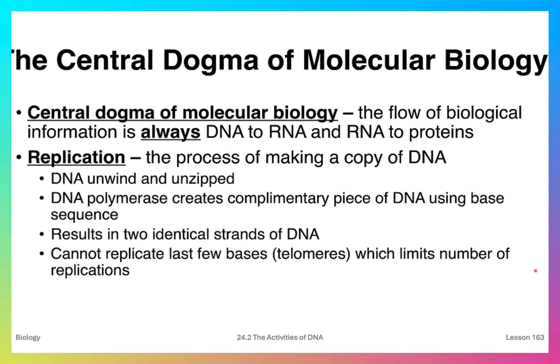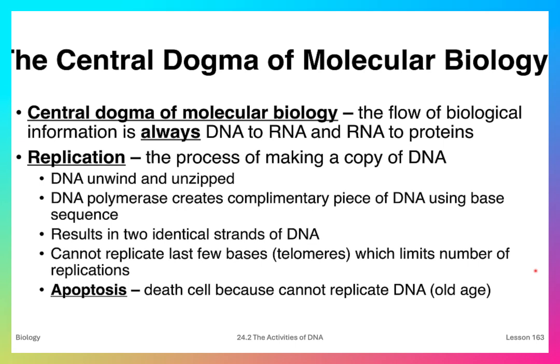And this is thought to be part of the aging process. What happens when the DNA cannot replicate anymore is a process known as apoptosis, or programmed cell death. And this is essentially the idea that the cell becomes old and dies.